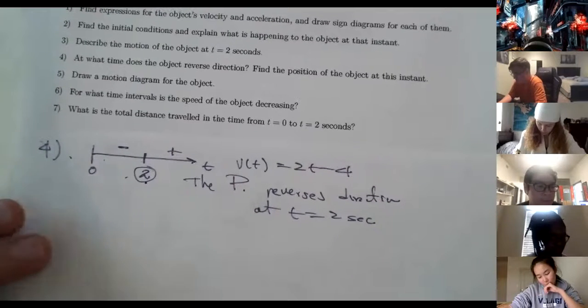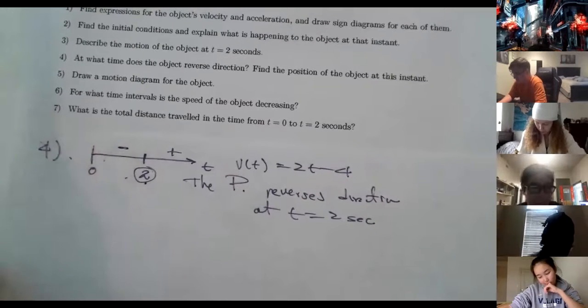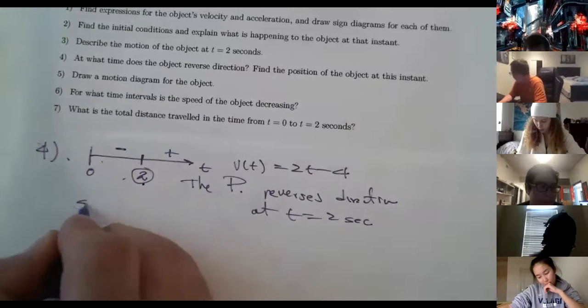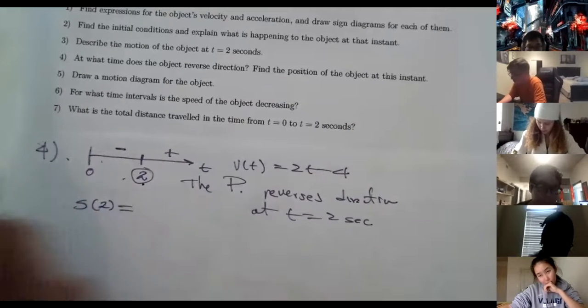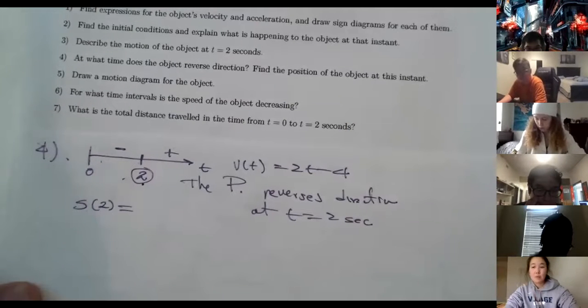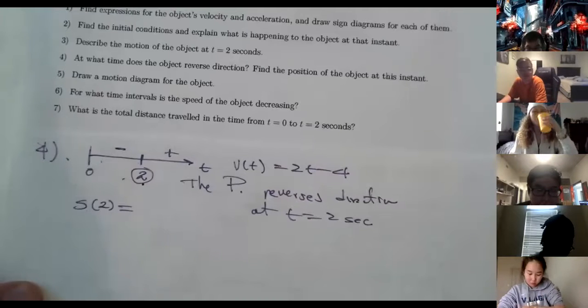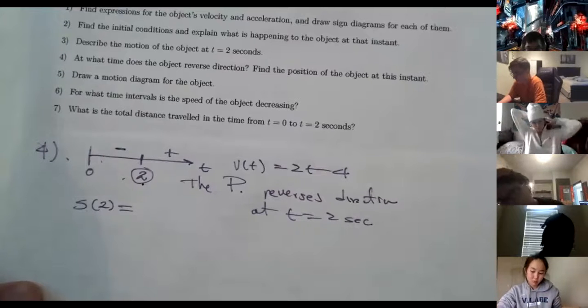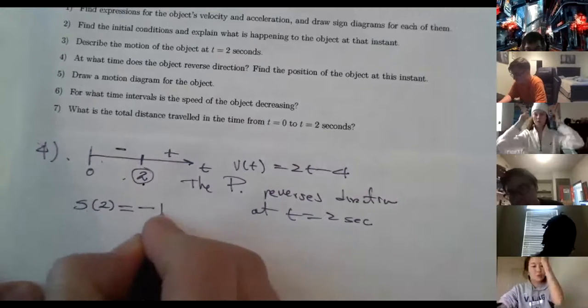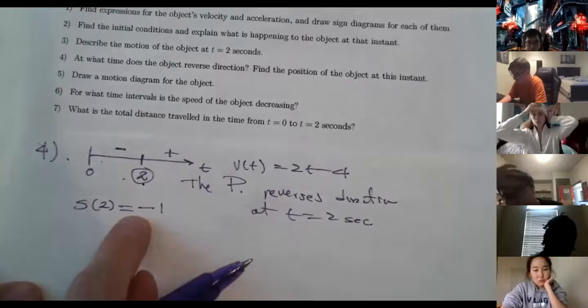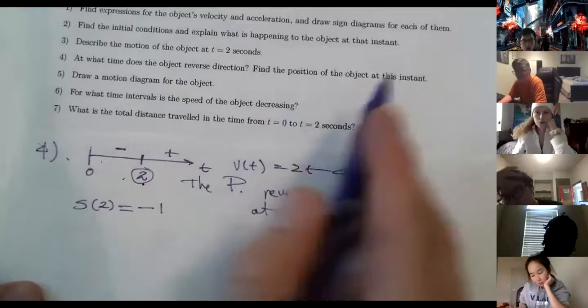All right, so then find the position of the object. We actually did that when we plugged into the equation. And if we plug in, what did we get? Negative 1 centimeters. Negative 1, right? So find the position of the object at this instant.